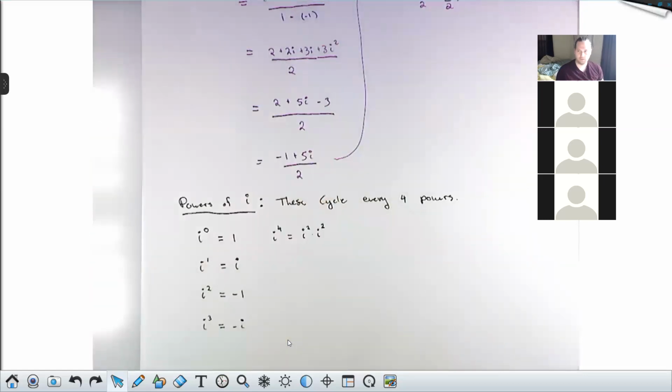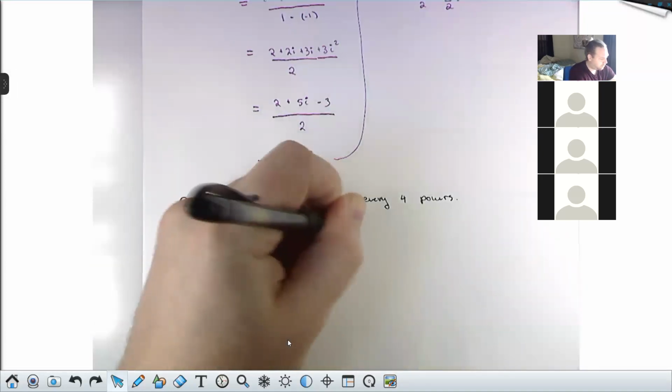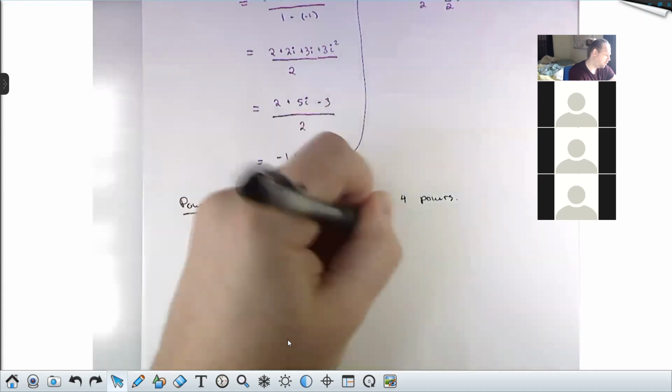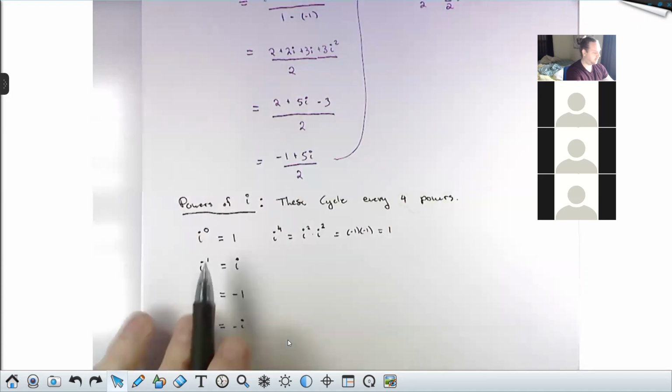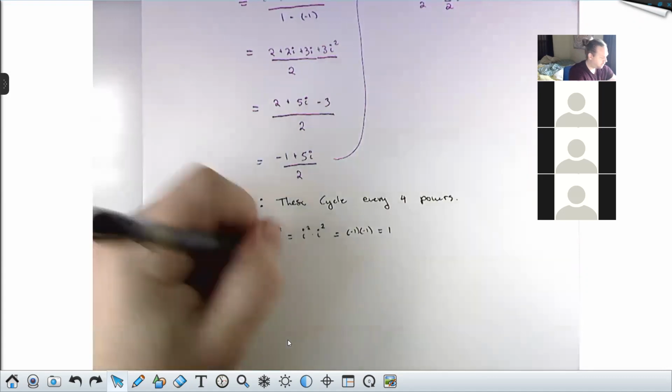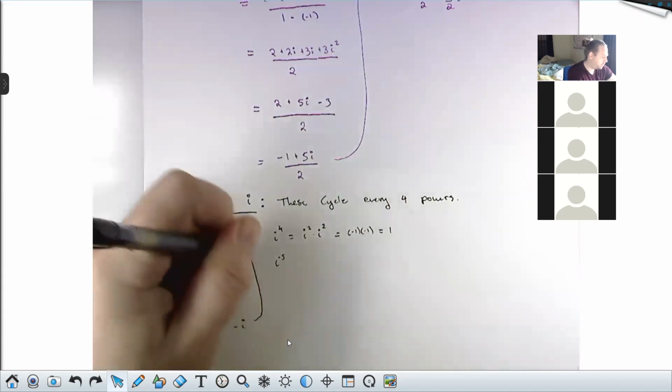Anything to the 4 is that thing squared times that thing squared, which is -1 times -1, because i squared is -1, which is +1. Same as i to the 0. This is what I mean when I said they cycle.